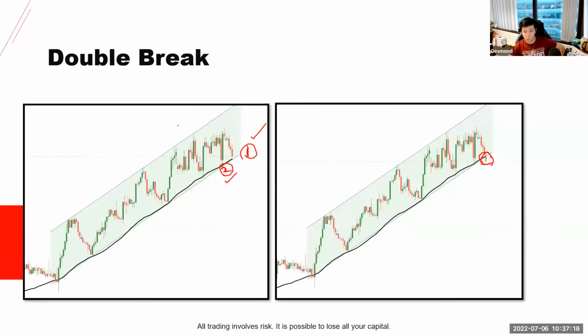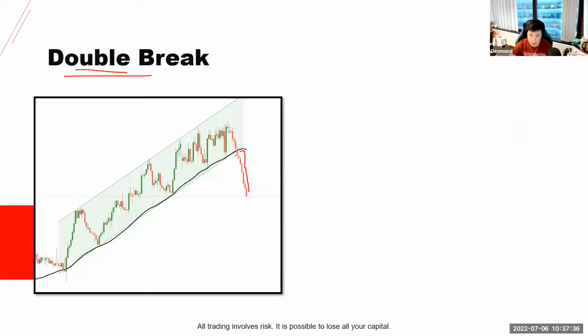So one of the tricks is to combine your channels, moving averages, and trend lines. If you combine them, it's okay. You can see how the drop worked out very nicely from there.